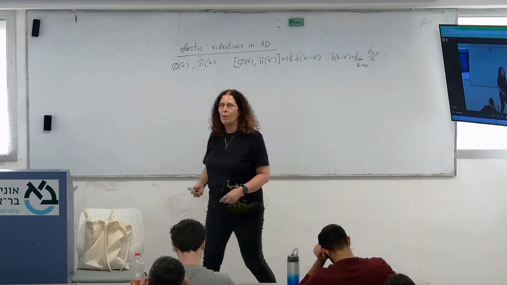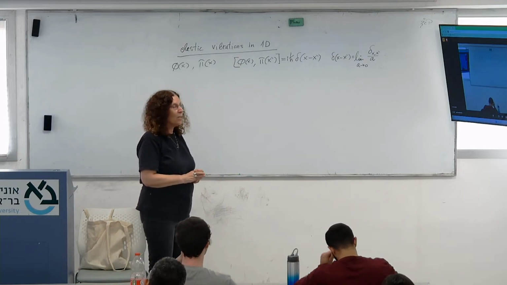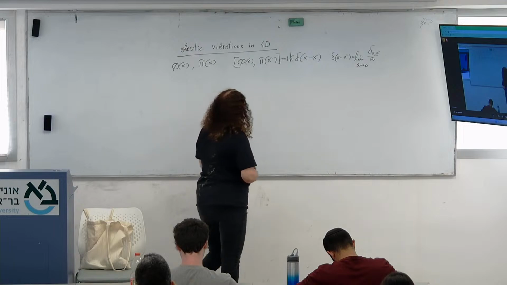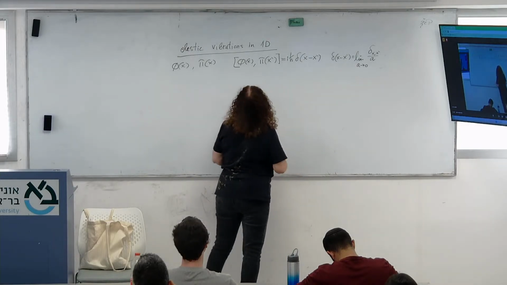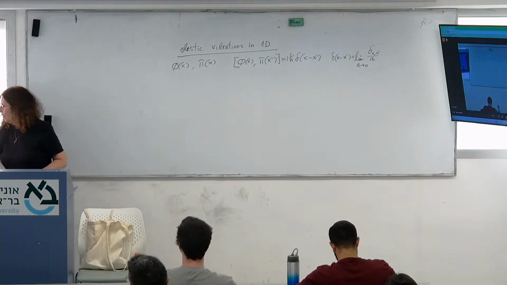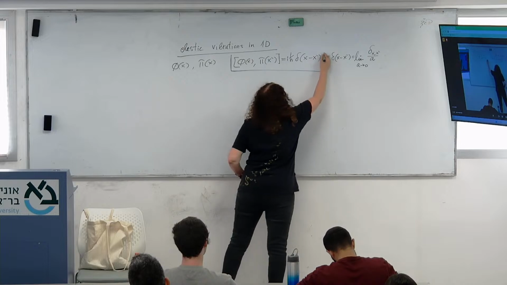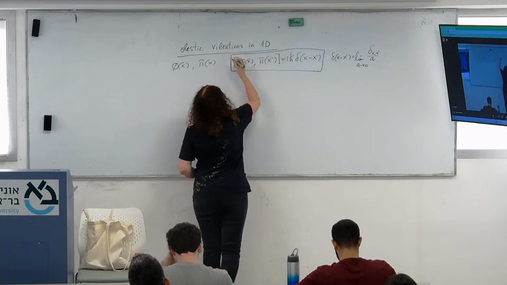Actually, it's a very ill-defined function. It's the Dirac delta. But this is the quantization of the field.